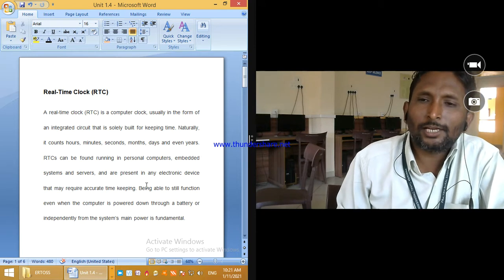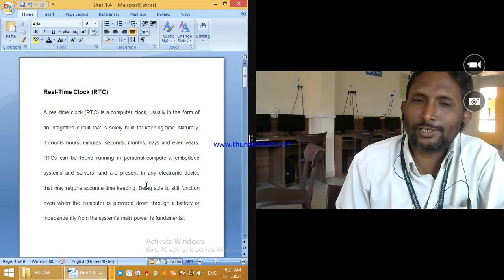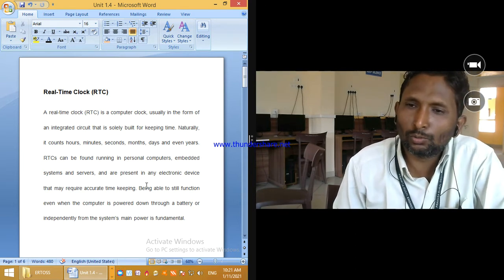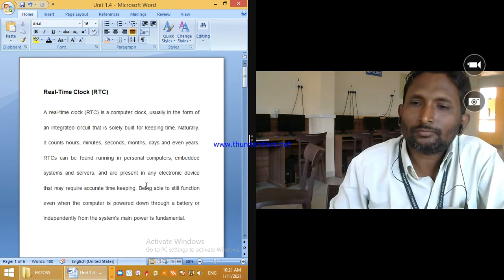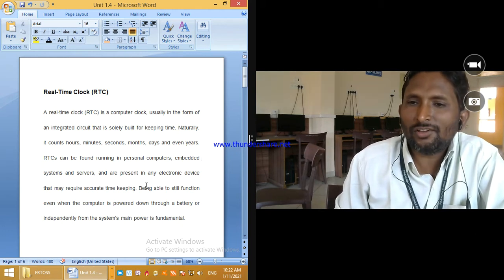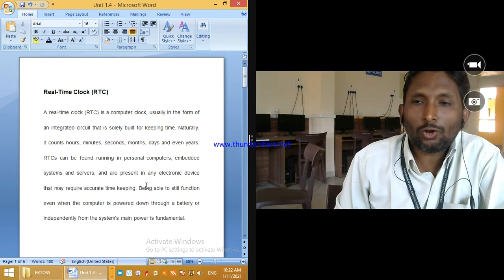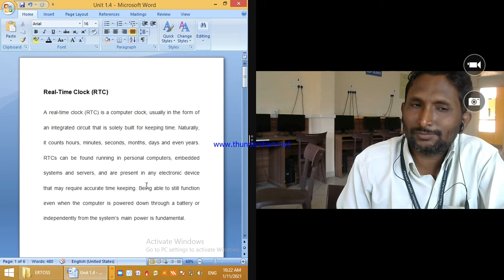Number one, it keeps the record of seconds. It shows the accurate timing in seconds. Number two, it shows real time minutes. It shows real time hours. It does not only show the hours, minutes and seconds.